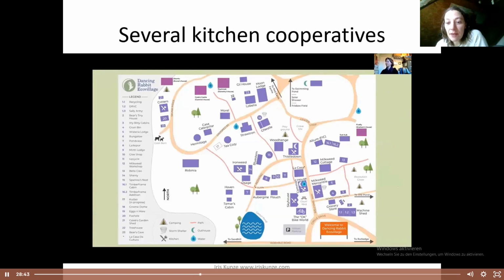Here, the different community kitchens, where people can eat. There are even, you see, 4 or 5. That's really interesting that they have not just one large one, but different ones where people set up their own style so far. And people can choose where they want to go eat and so on.